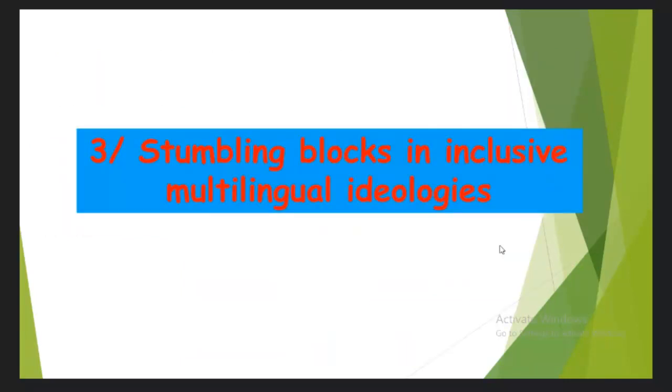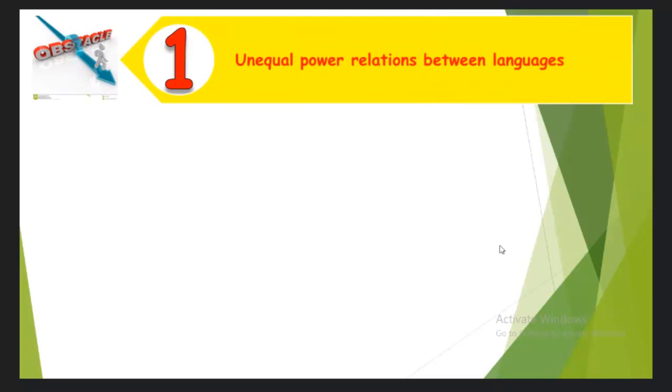The next one I want to mention is about the stumbling blocks in inclusive multilingual ideologies. As you can see, in languages there are also some obstacles for someone to master. The first one is that we can see there are unequal power relations between languages.